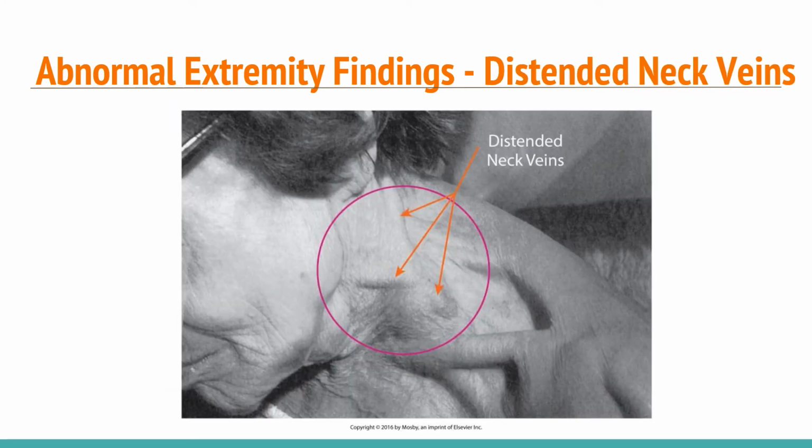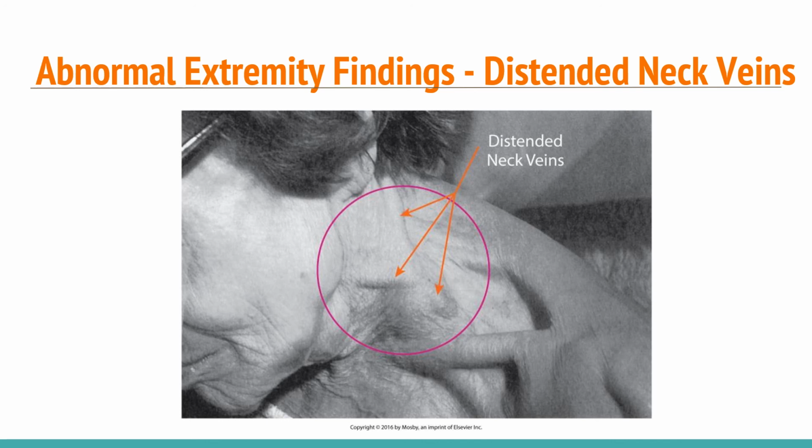Another finding, that's really not extremity, I'm thinking neck, but whatever: distended neck veins, okay? You might see this in patients with CHF, mainly left heart failure; right heart failure is considered cor pulmonale.